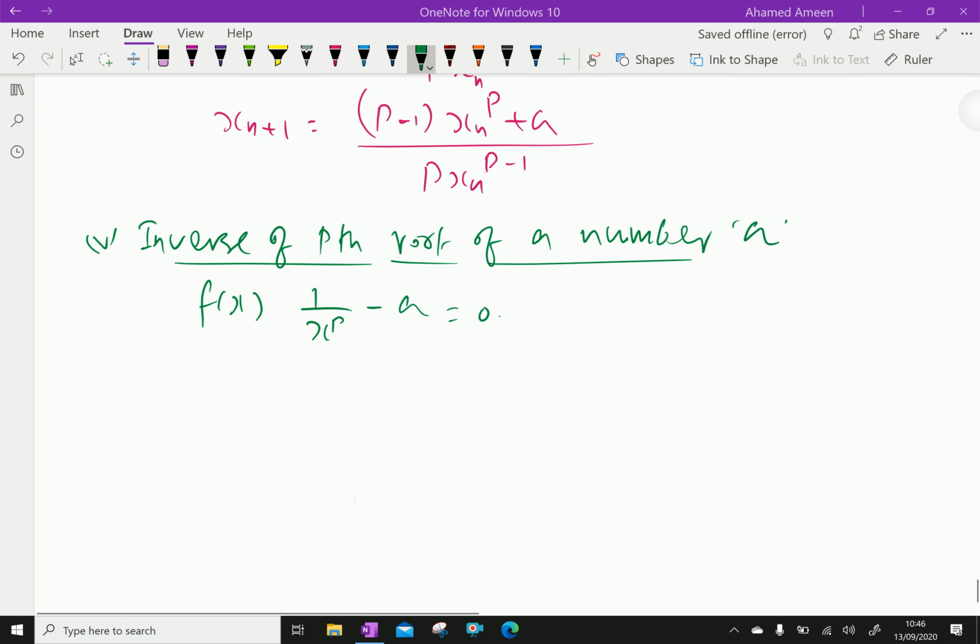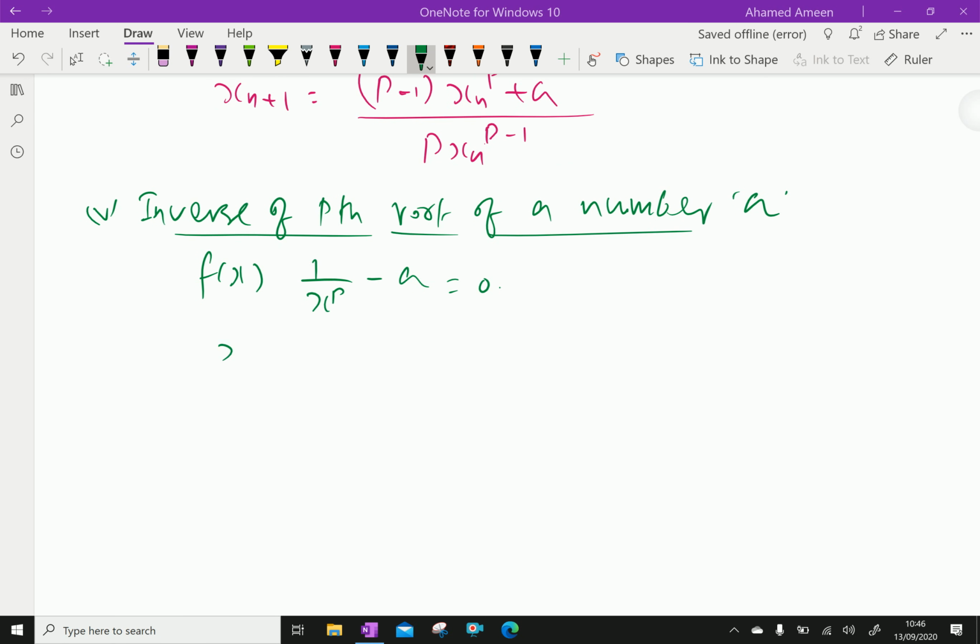From that we can get x n plus 1 equal x n into (p plus 1 minus a x n power p) over p. By using this formula, we can find the inverse of the pth root of a number a.